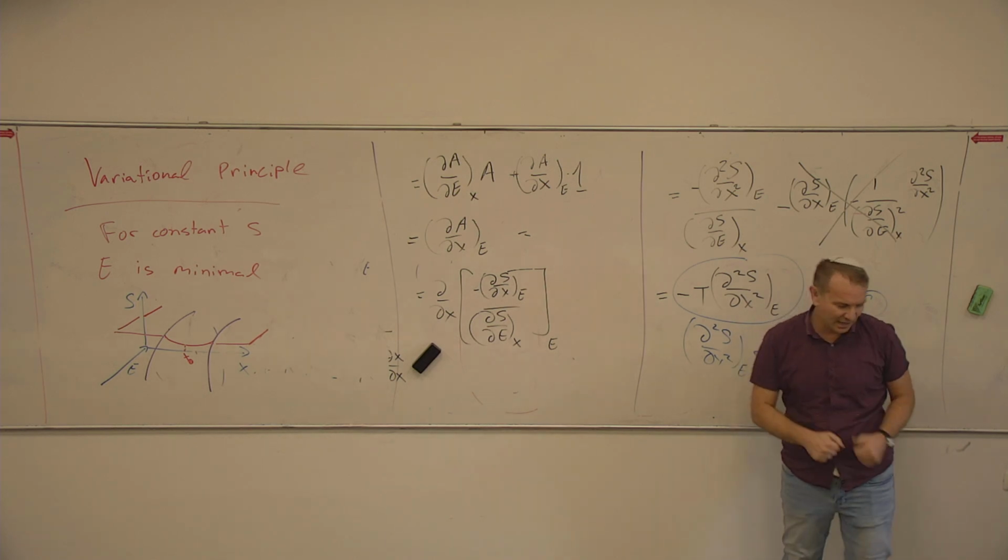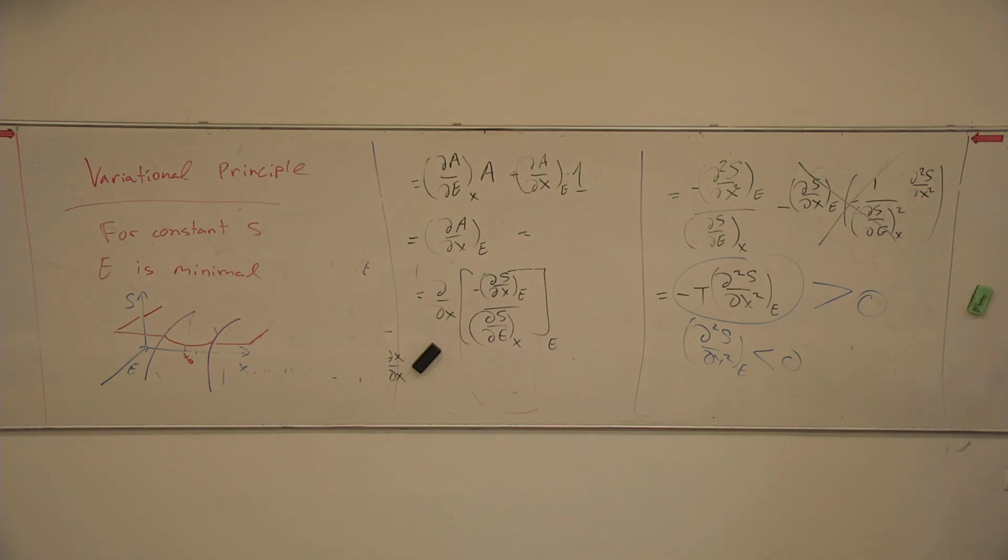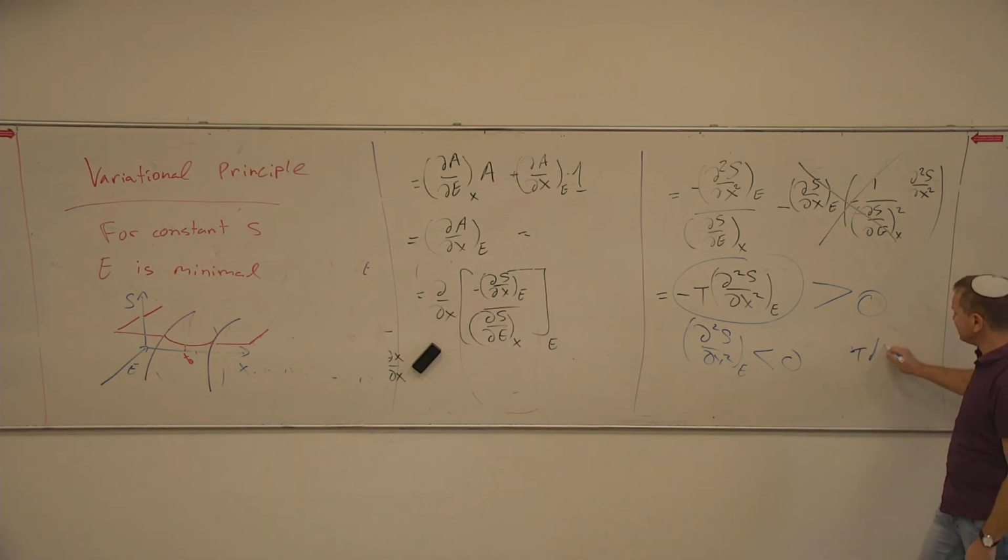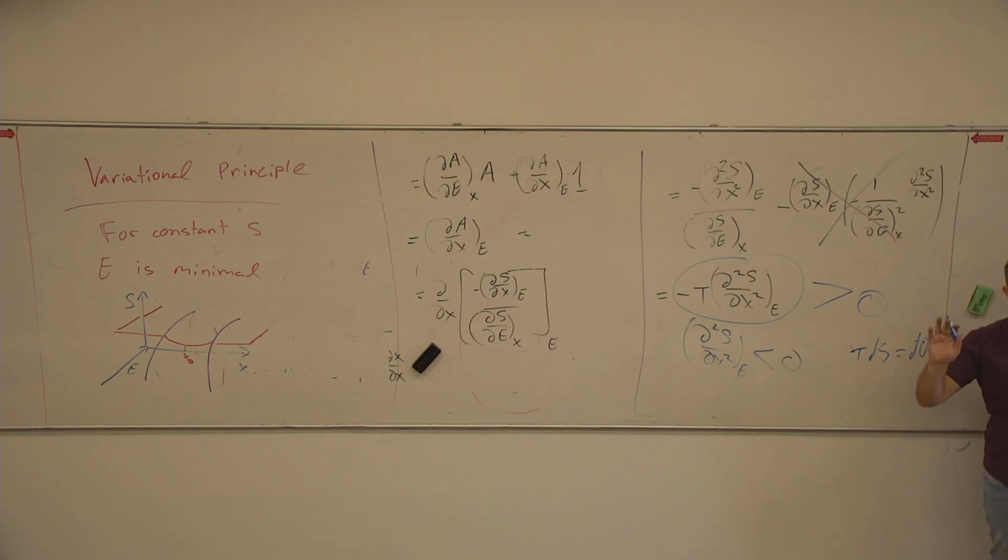Okay? This is the idea. It's not exact, but if you have in mind that TdS is dq for a quasi-static process, then you know how to make dS equal to 0. That's the idea.